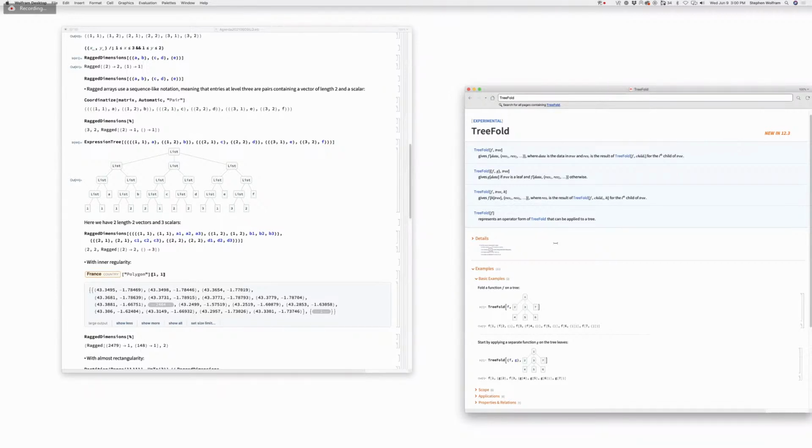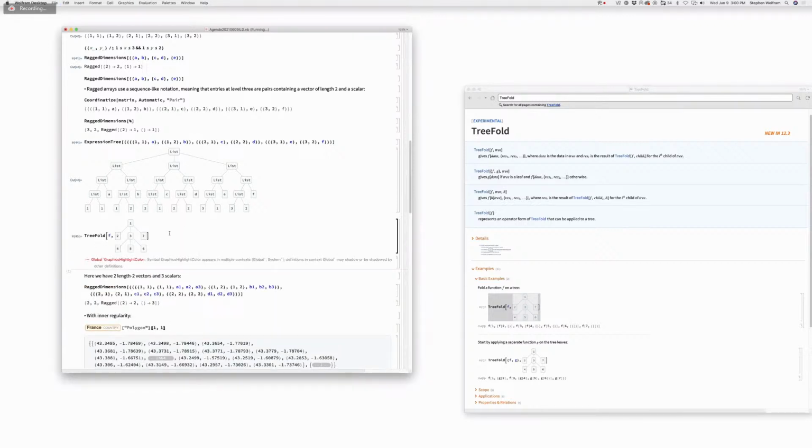But isn't treefold, let's remind ourselves, what is treefold doing? Treefold is returning a list from the fold operation on the tree. Yes. Right? What the heck? What on earth just happened there?